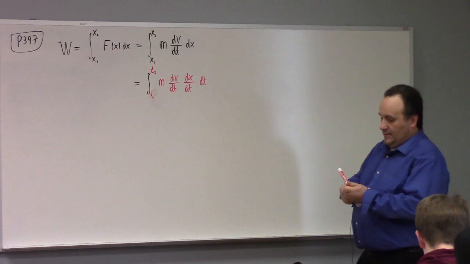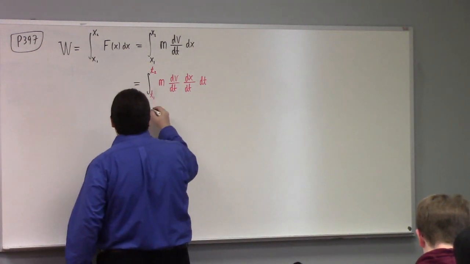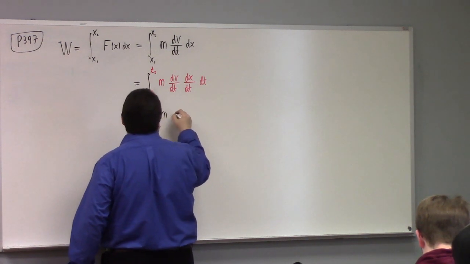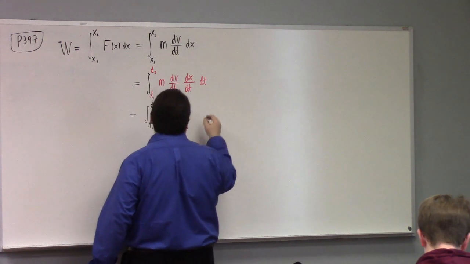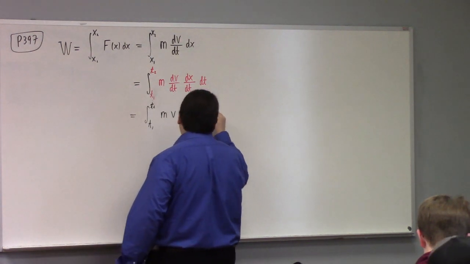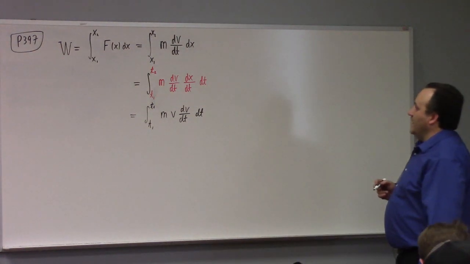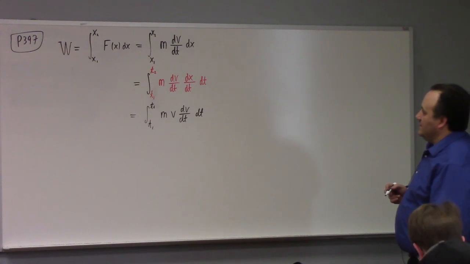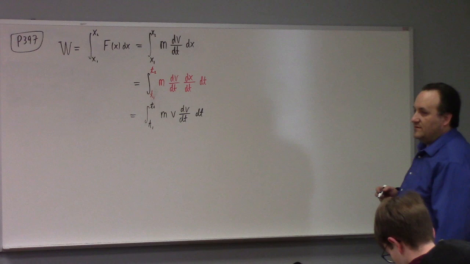All right? And then we have to tilt our head and squint. What do we have here? We have the integral from t1 to t2 of m v dv/dt dt. At which point you might go, whoa, hey, maybe we should cancel that dt. Why not? Let's do it.